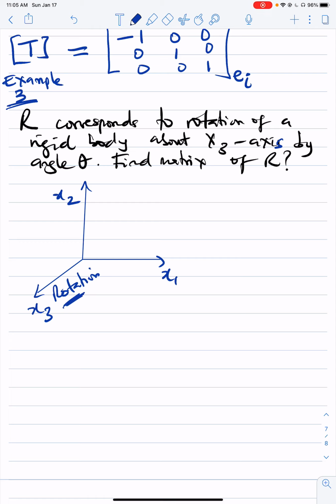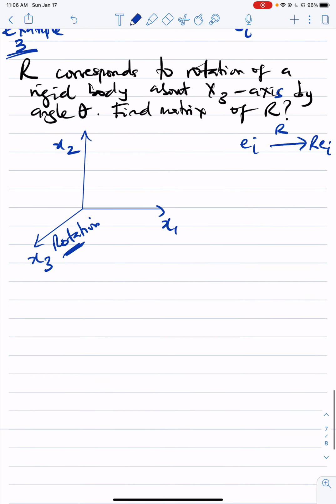Find the matrix of R. It's a rotation matrix in this case, still the same as the T we've been using before. So basically, you're just asking what has converted Ei to REi, and it's simply an R. It's a rotation matrix. Basically, you change what you can see, but the object itself is not changed or transformed in any way.